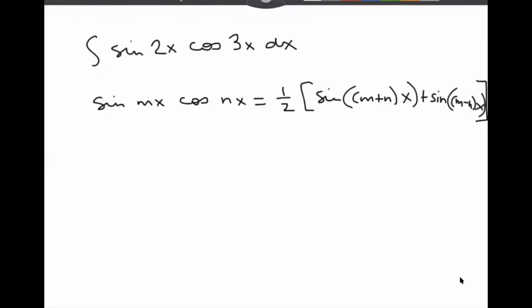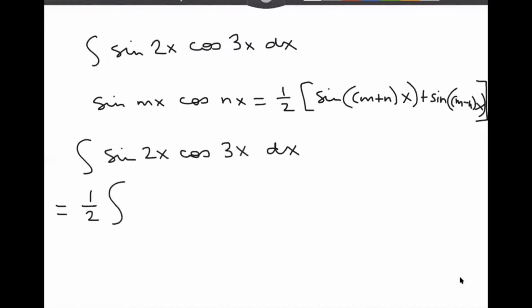We are going to rewrite this integral, sine 2x cosine 3x, as 1/2 the integral of sine 2 plus 3 times x, which is sine 5x, plus the sine of 2 minus 3 times x. Let me not skip steps here.